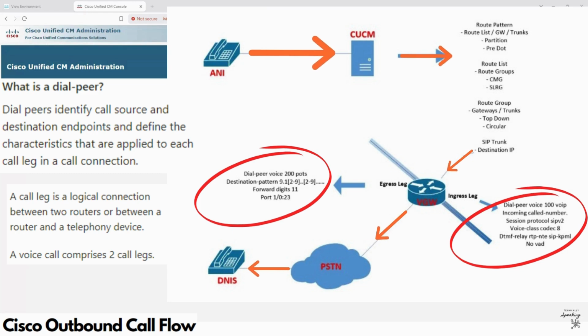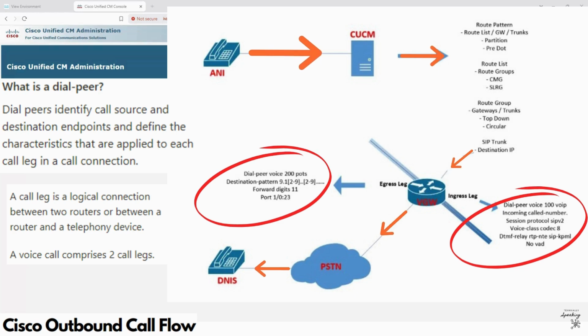Session protocol SIP version 2, the protocol we're using. Voice-class codec 8, a list of codecs. We have our DTMF settings, and no VAD. Like I said, VAD is bad. We do not allow the connection to stop when no voice is detected because it will hang up the call.